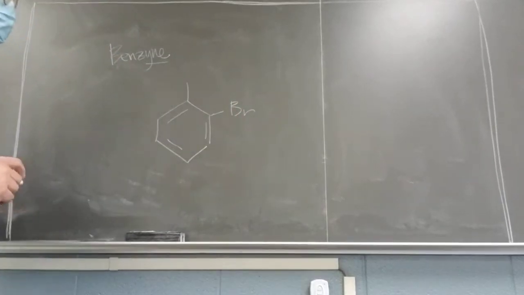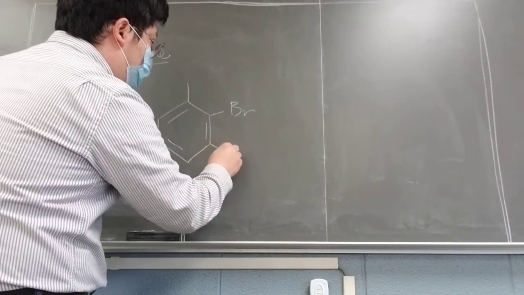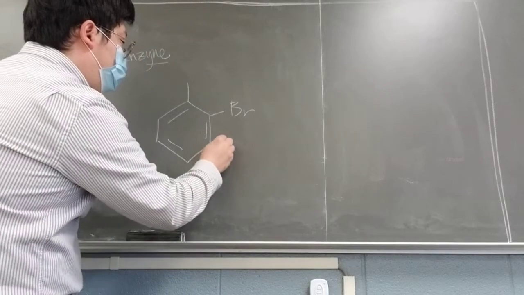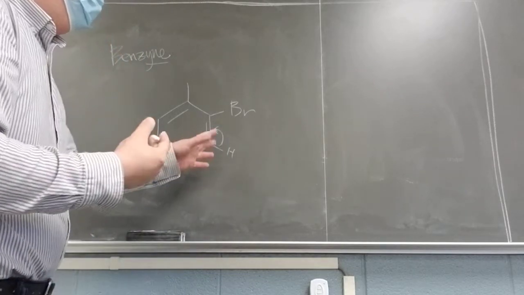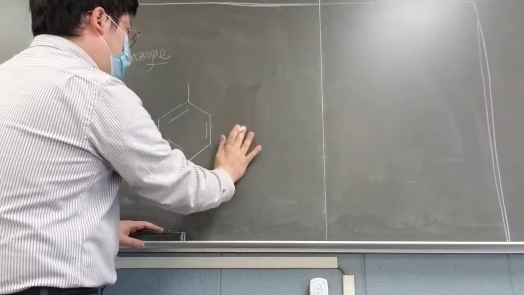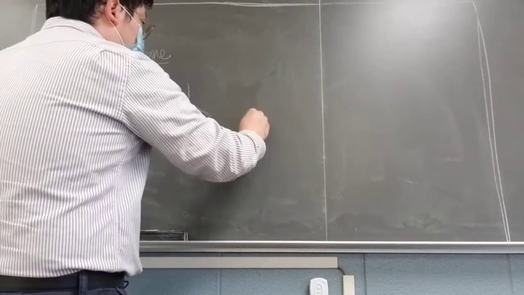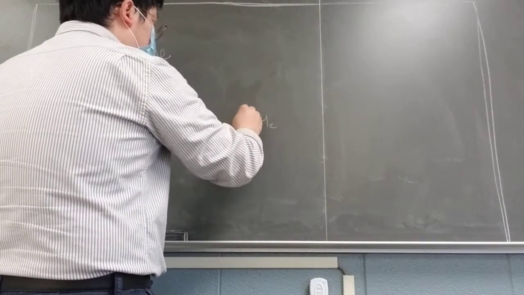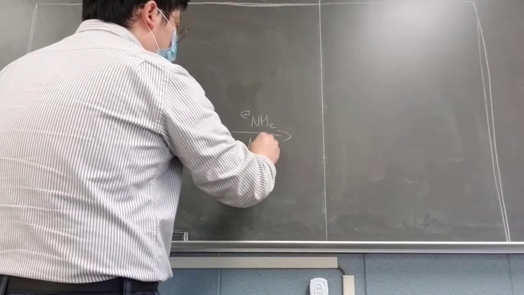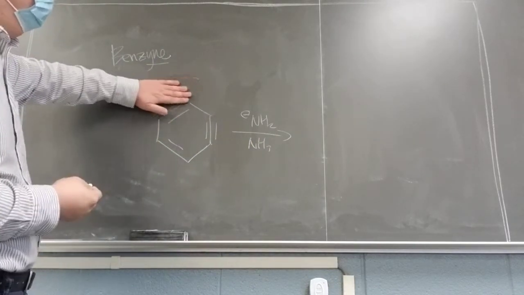Okay. So in that case, you're going to grab this one with the base. Okay. So then it goes there, right? So then this will leave. Okay. So this is where you have a benzyne position here. Okay. So whenever you have groups here, if you don't have this one, it doesn't matter.